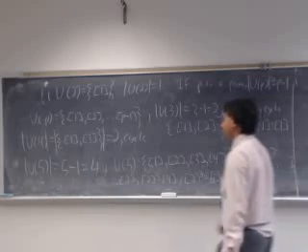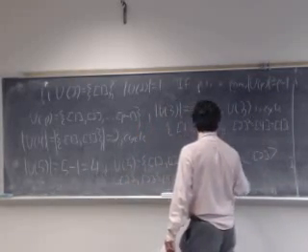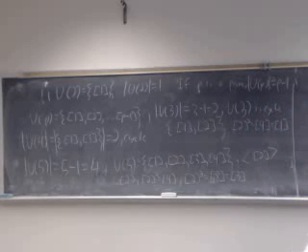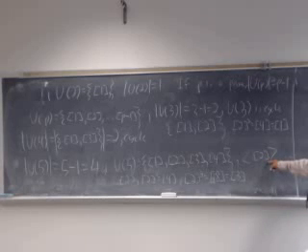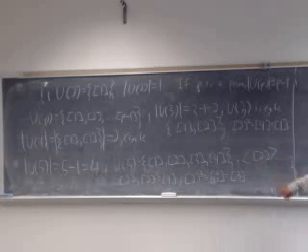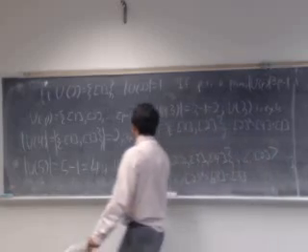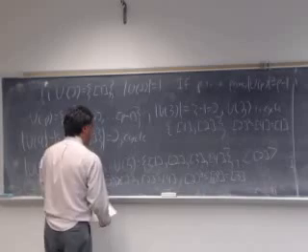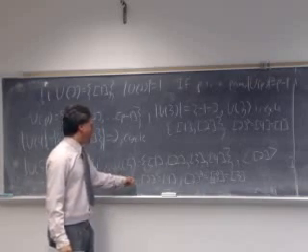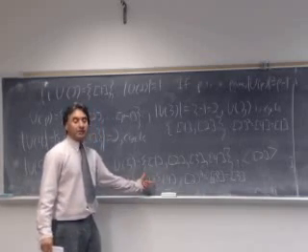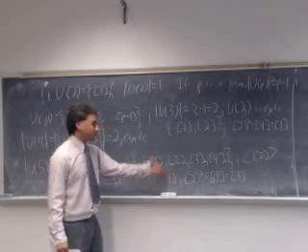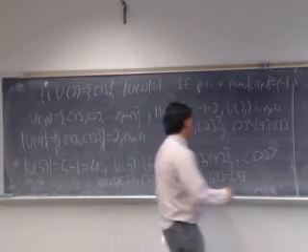So I have 1, 2, 3 elements. But by Lagrange, the number of elements in this subgroup has to divide 4. So once we get more than 2 elements, we know we have to have the whole group. So really, after this calculation, I've gotten 2, I haven't hit the identity yet, so I've got to have more than 2 elements, but I've got to divide 4, so I've got to have all 4 elements.